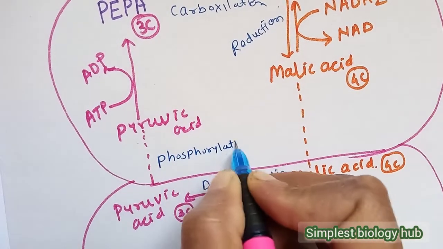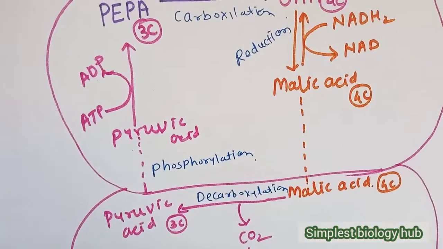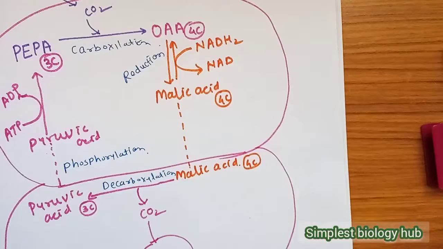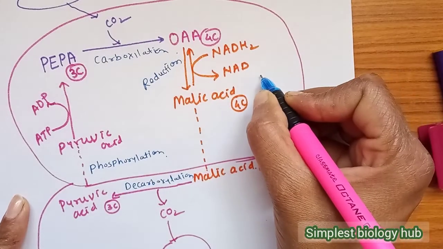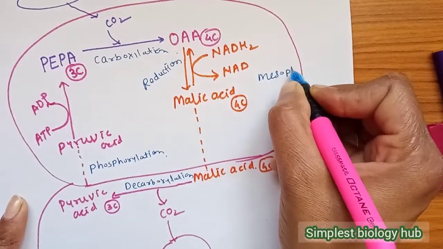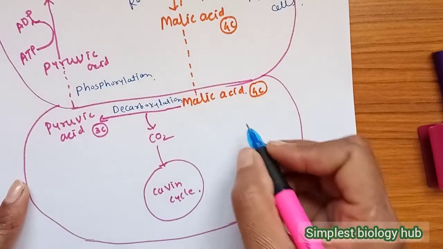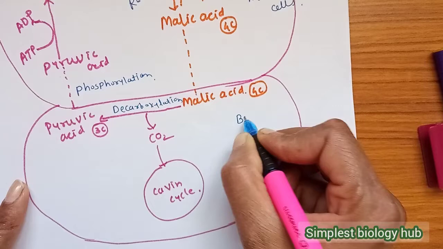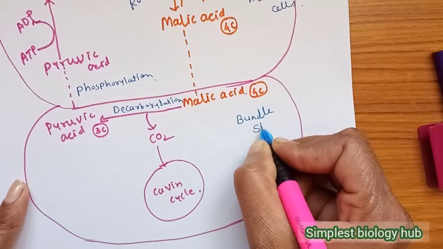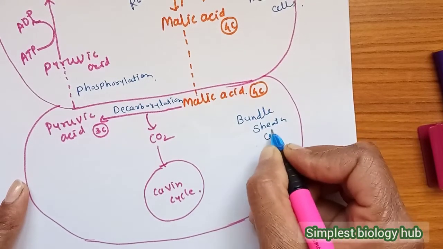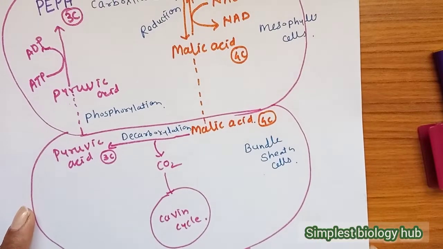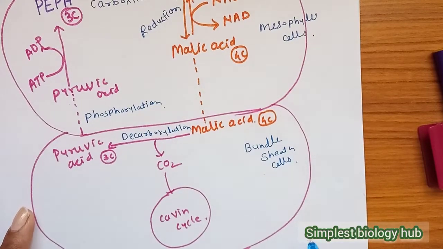In this way, half the process is complete in mesophyll cells, and the complete process of the Calvin cycle takes place in bundle sheath cells. This is the basic difference between C3 and C4 plants.